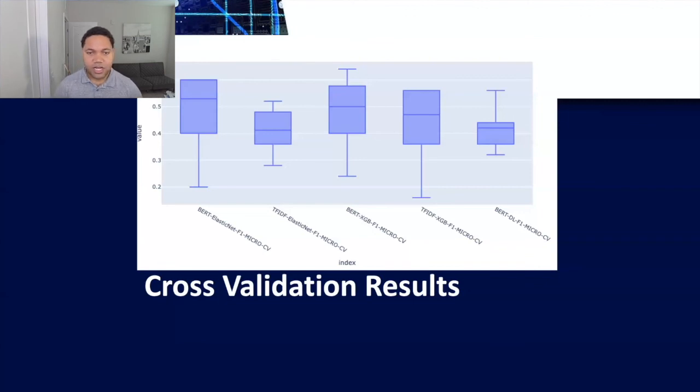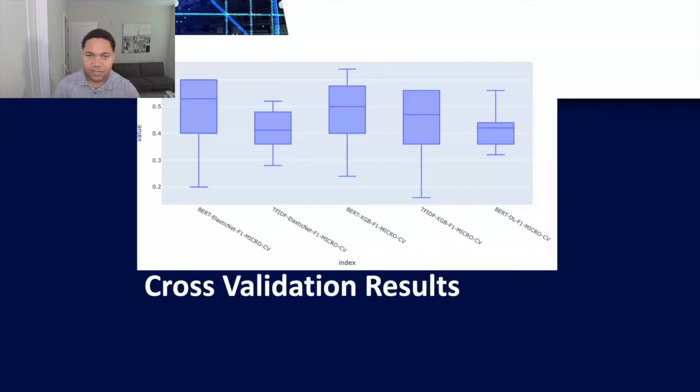Now, BERT in general has done well. You can see that also with XGBoost. You look at ElasticNet and do those comparisons to the TFIDF versions of that, and you see that the TFIDF models haven't done well overall in comparison to their siblings.